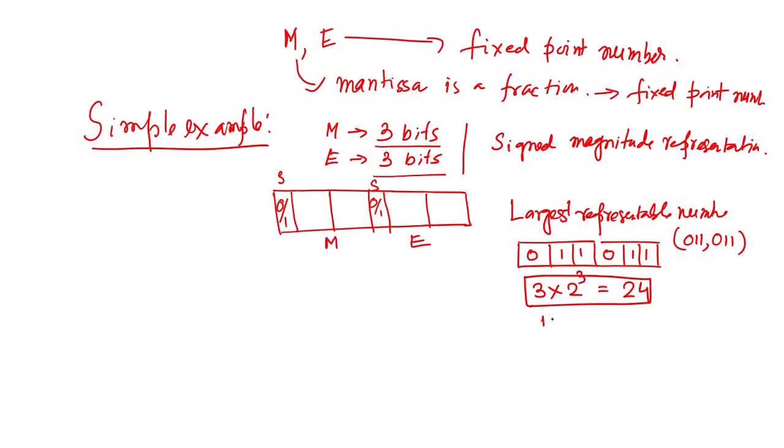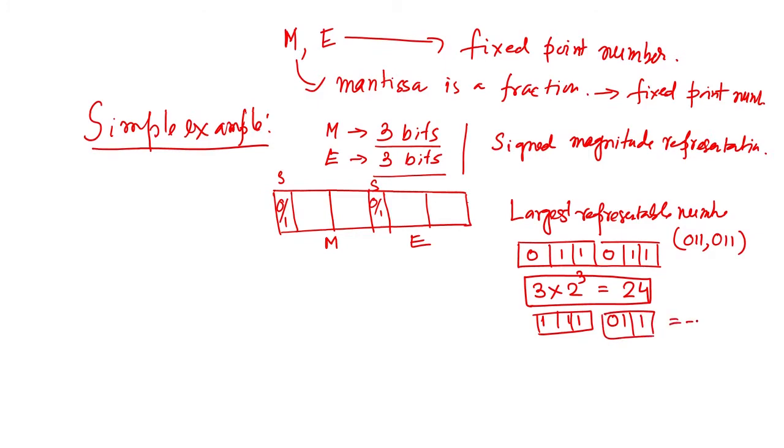And the least number that can be represented: you put 1 and then 1 1, and the exponent 0 1 1.